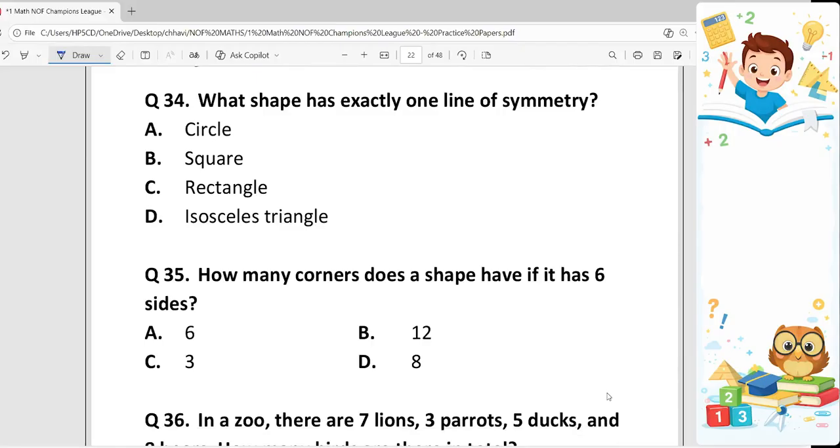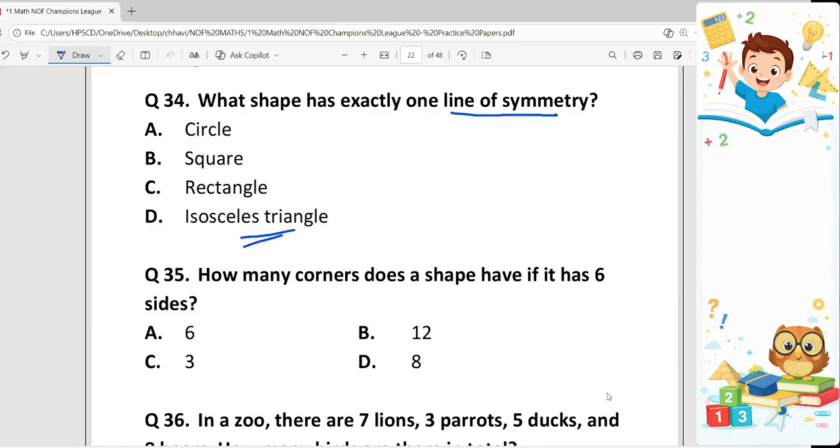What shape has exactly one line of symmetry? One line of symmetry. Now, what is a line of symmetry? Line of symmetry means a line that divides a shape into two identical mirror images, means it just halves it. So the correct answer to this is isosceles triangle.